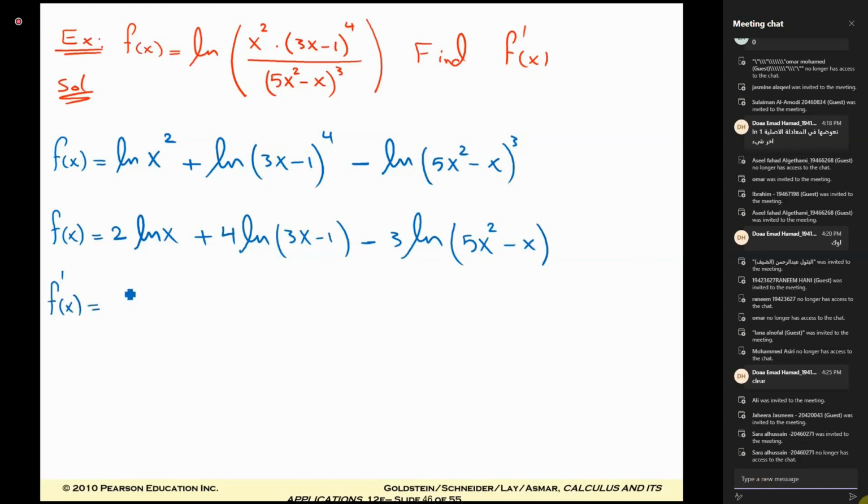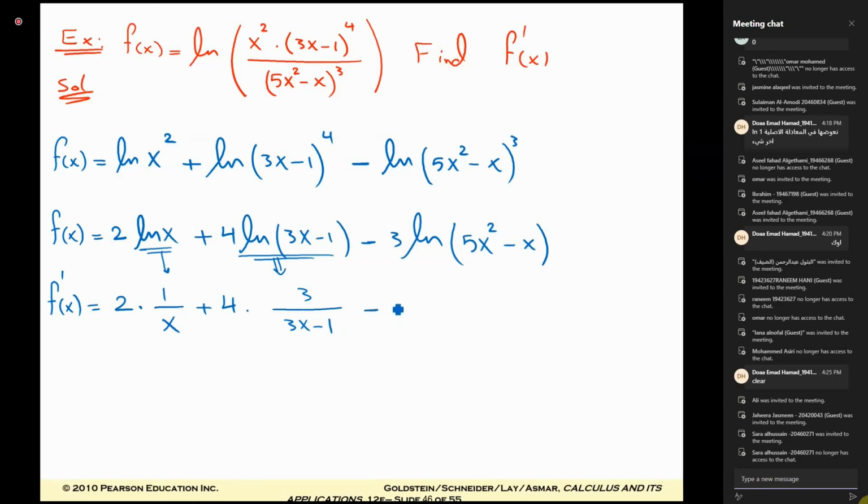So we have 2 over x, because what's the derivative of ln x? 1 over x. Plus 4 multiplied by the derivative of ln (3x minus 1), which is 3 over 3x minus 1, because the derivative of ln equals the derivative of the inside over the inside.